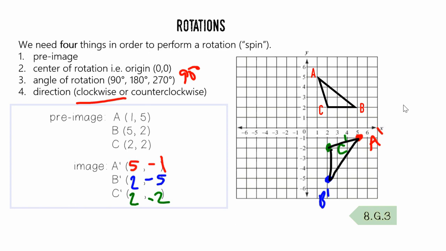But now we want to take a look at our coordinates. And using coordinate notation, we're going to try and figure out how X and Y have changed. So let me grab my highlighter again. I'm going to mark the X values of the original first. The X values of the original are 1, 5, and 2. Take a look at the location of my image and look at where 1, 5, and 2 appear.